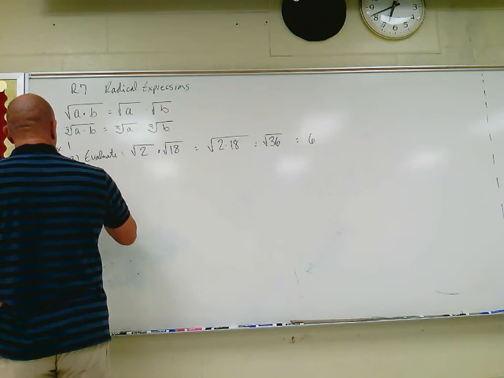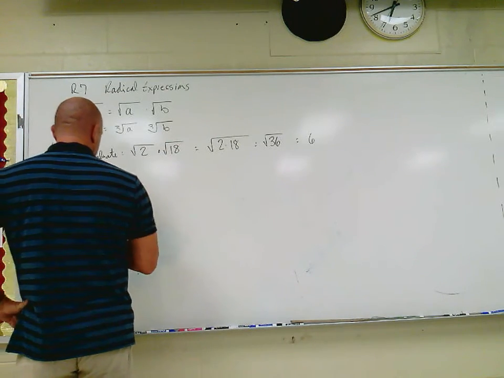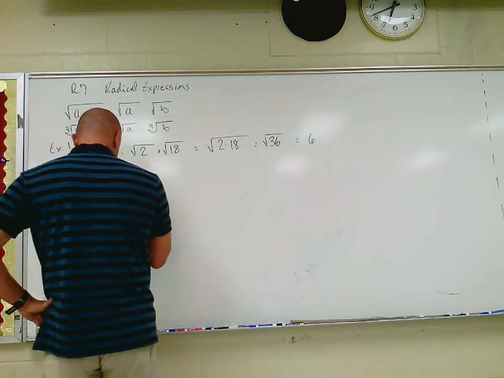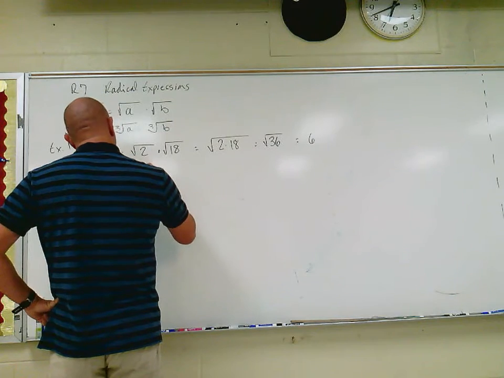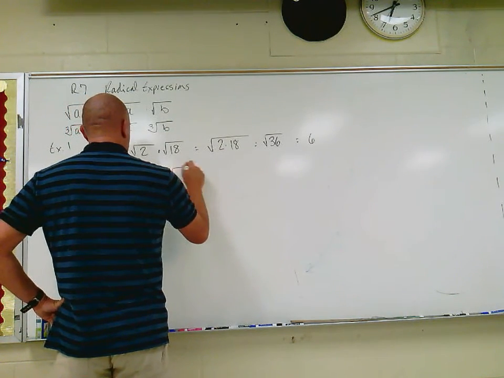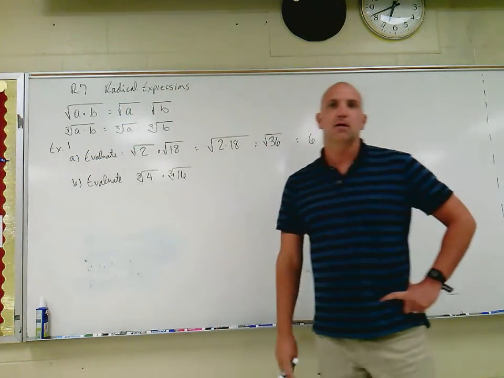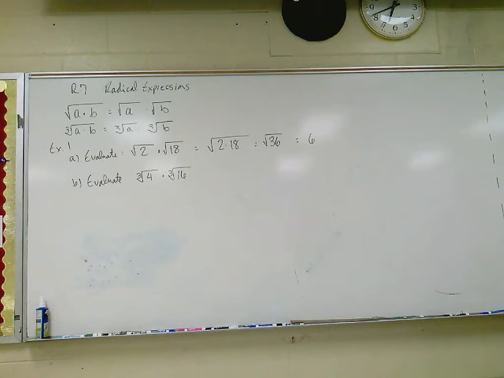All right, next one. Evaluate the cube root of 4 times cube root of 16. Same idea. I don't know the cube root of 4. I don't know the cube root of 16.